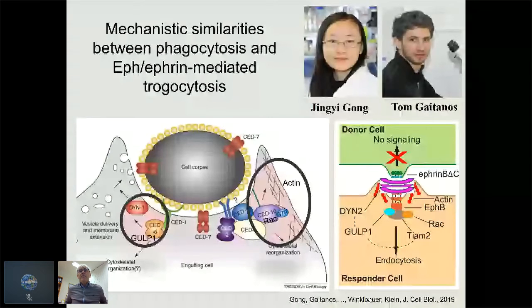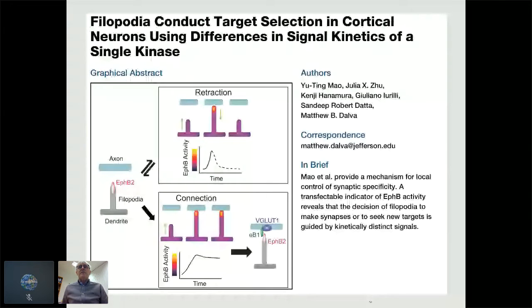Okay, before I move on from the Ephs and ephrins to other proteins, I wanted to point your interest to this study from Matthew Dalva, which I thought was a very nice study. And he showed that for a filopodium, a dendritic filopodium, to decide to either connect and make a synapse or to reject a presynaptic partner, the only thing you need is a change in the dynamics of Eph receptor signaling.